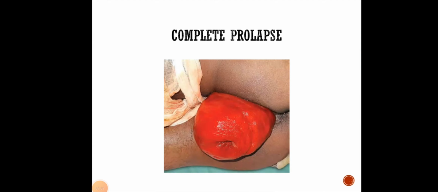Then lack of rectal fixation, that is, the muscles of the pelvic floor will be weak and the rectum will be more mobile. And another thing is, the pelvic floor muscles will have disordered function. There will be laxity of the pelvic floor and anal sphincter mechanism due to any cause. These are all considered as the etiology for complete prolapse.